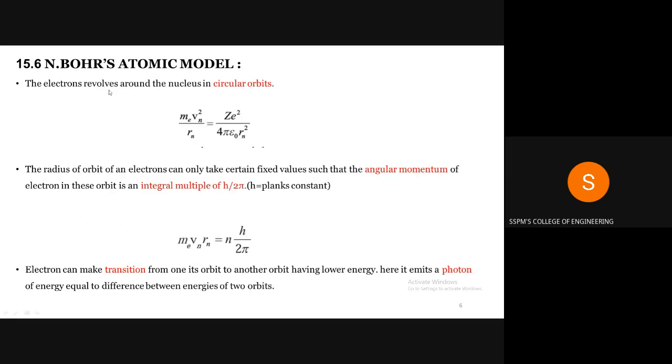The electrons revolve around the nucleus in circular orbits. The concept of circular orbit was put forward by Rutherford. The electrons revolve around the nucleus in circular orbits, where centripetal force is balanced by the electrostatic force of attraction.